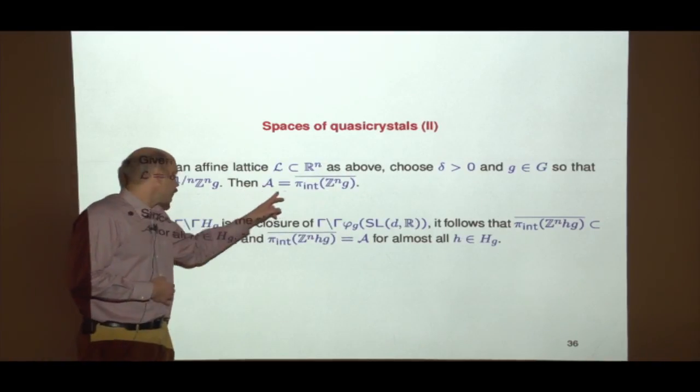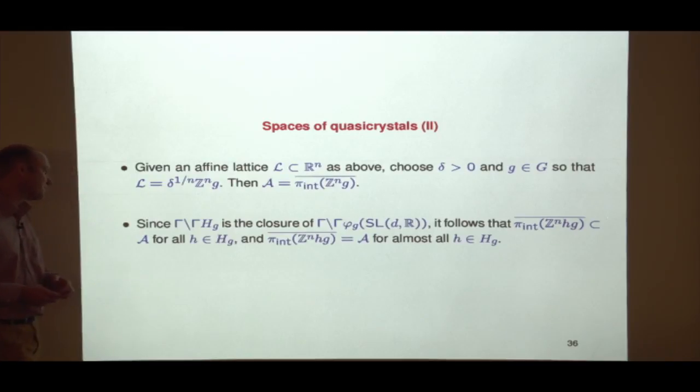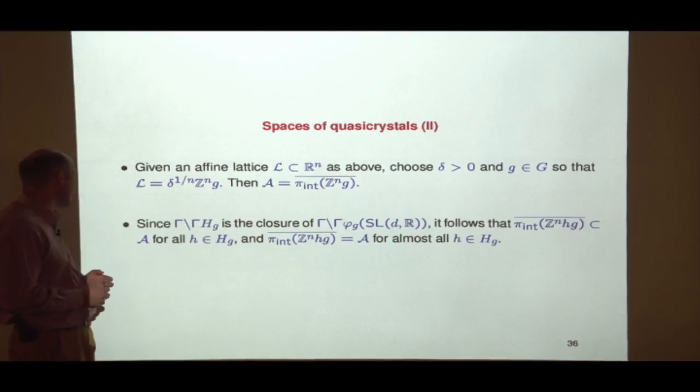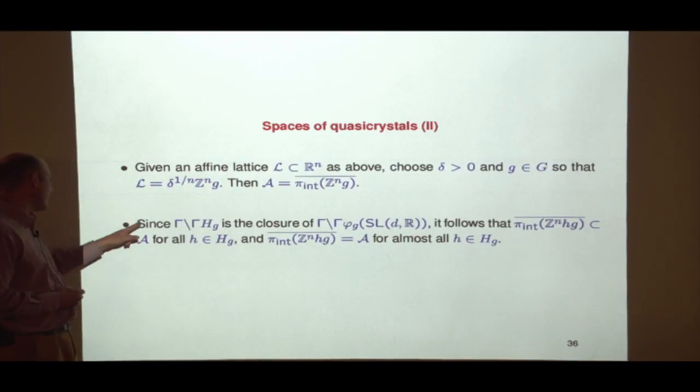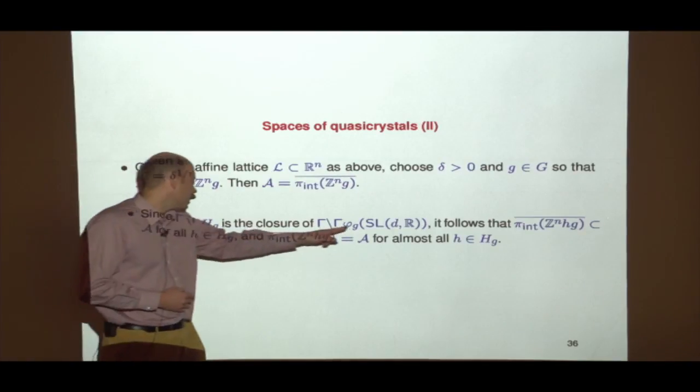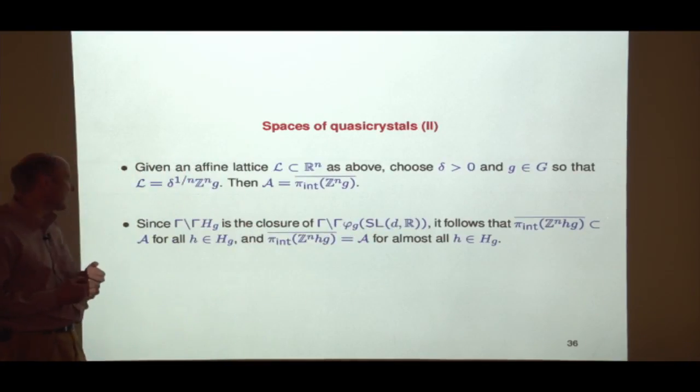And then here again, this group A is the projection of L, as we've defined it before. Now remember, this guy here was the closure of this SL(d,R) orbit embedded into our big ASL(n,R).